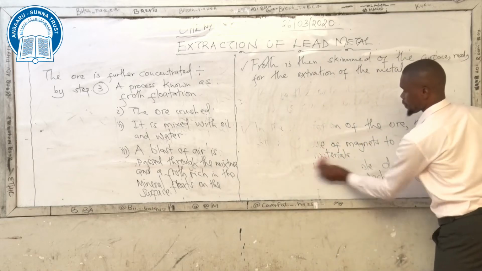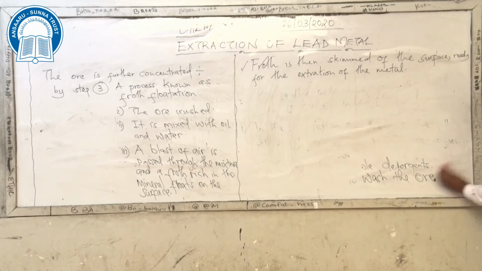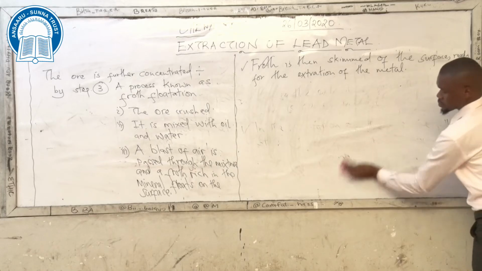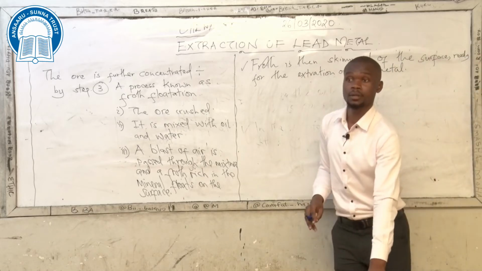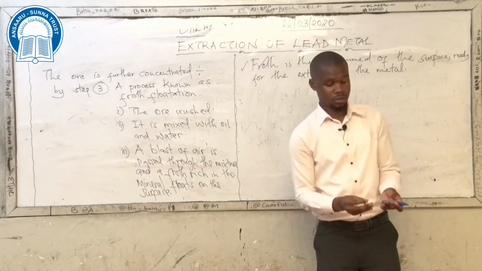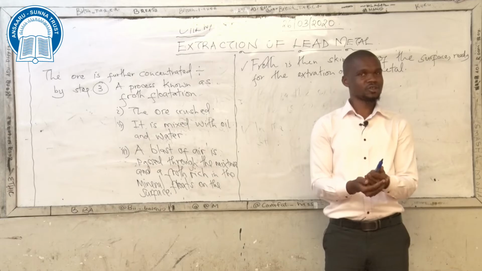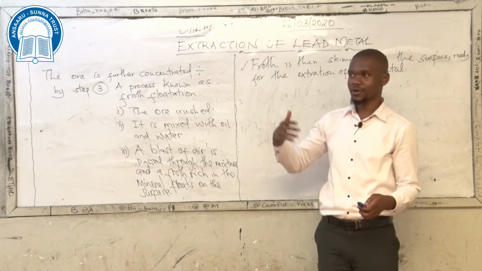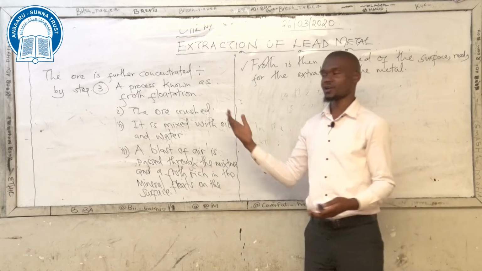Now, just to recap on what I've just said, lead metal is extracted by reduction method. But before the reduction method, there must be preparation done on the ore.